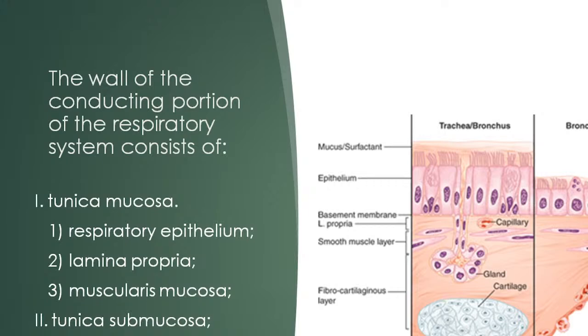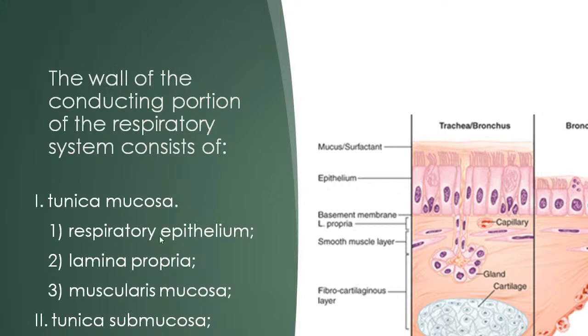But here, in large airways, it contains serous and mucous glands, especially in large bronchi and trachea.